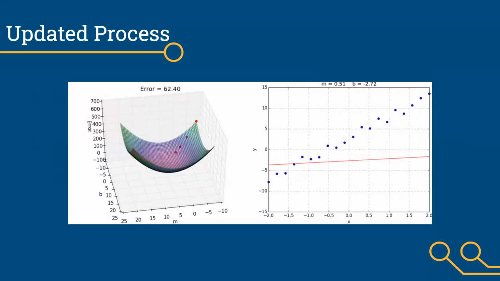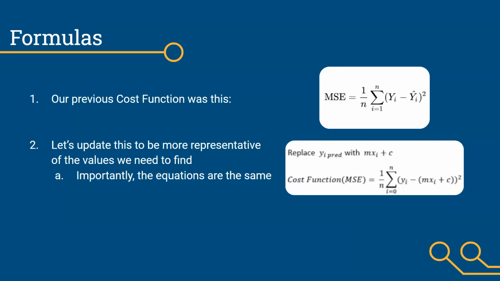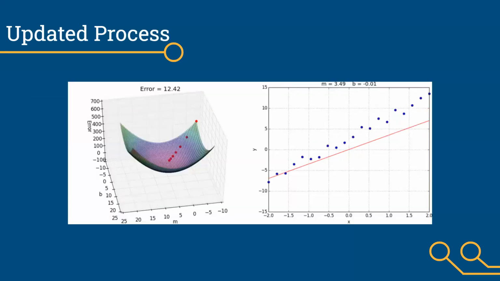All right, so let's take a look once more at our function here. We have really two variables we need to find, that's our m and our c. And we have a third element, which is our sum of squares, which is our output. So we're going to graph this on a 3D plot right over here.